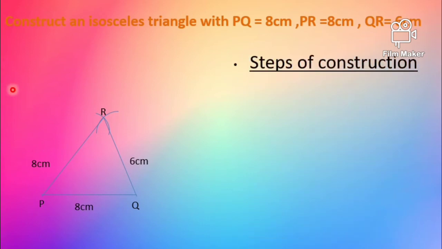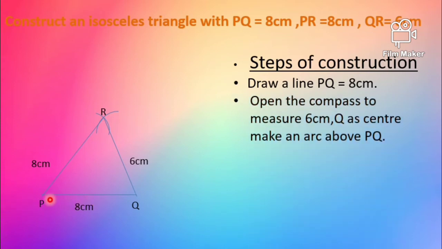Now let's start the steps of construction. The first step, draw a line PQ of 8 centimeter. In the second step, open the compass to measure 6 centimeter and with Q as a center, make an arc above PQ.